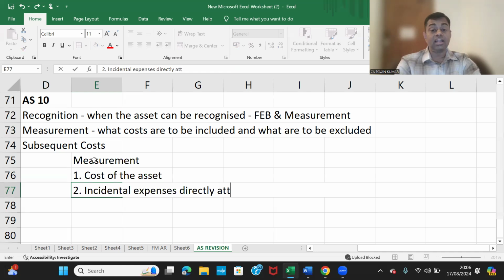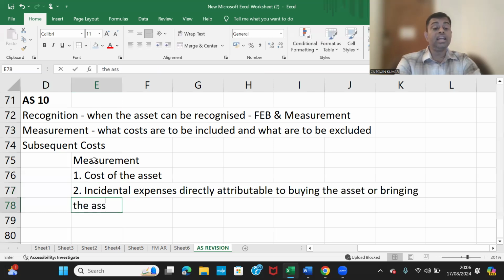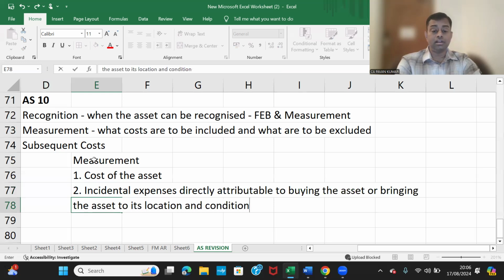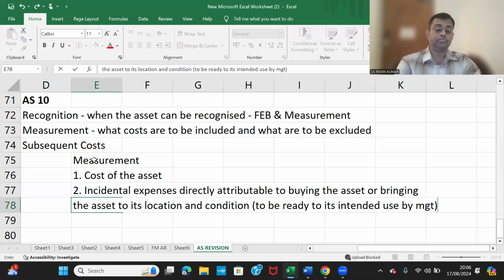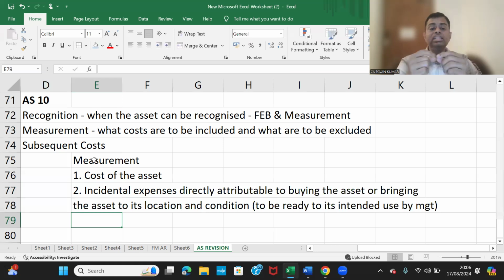Incidental expenses directly attributable to buying the asset or bringing the asset to its location and condition, which is rephrased as to be ready for its intended use by management. Pavan sir, these are directly attributable costs. Can you give me some examples?